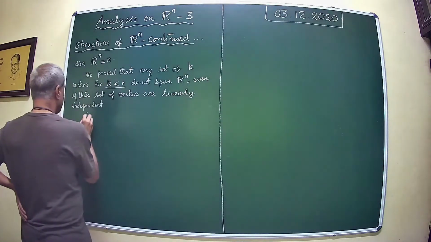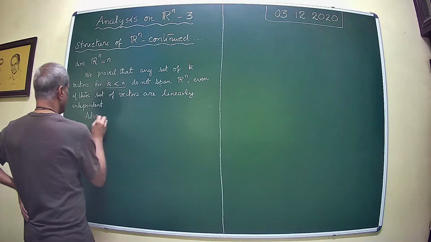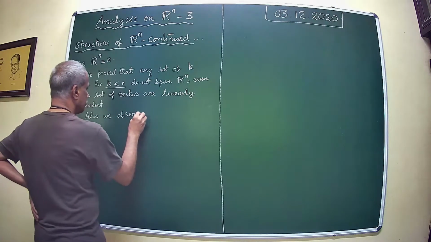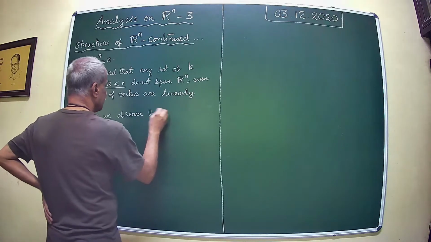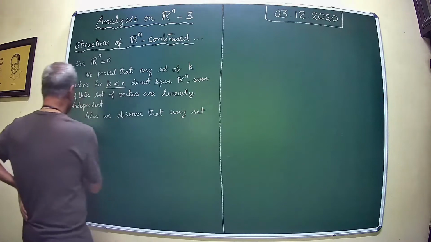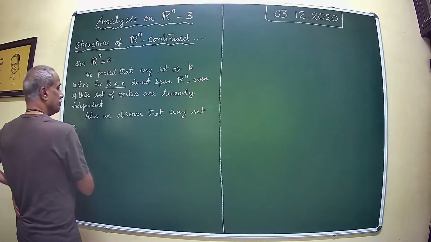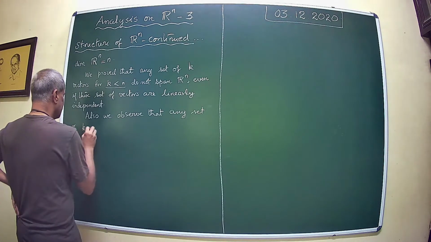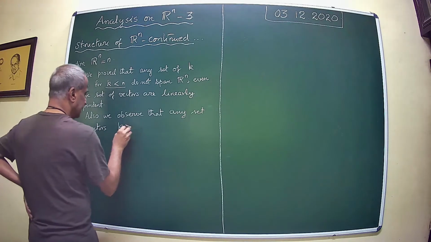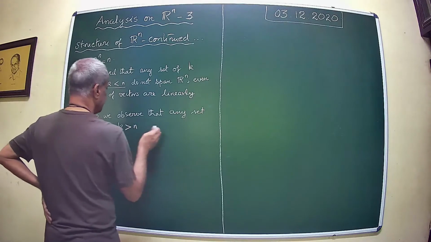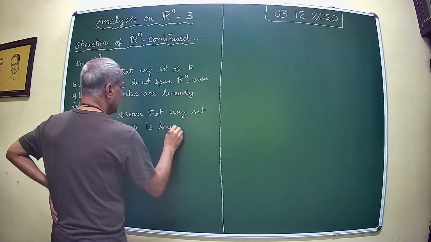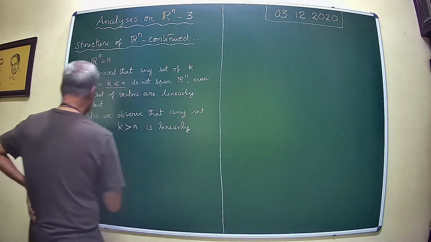Also, we observe that any set of k vectors for k greater than n is linearly dependent.